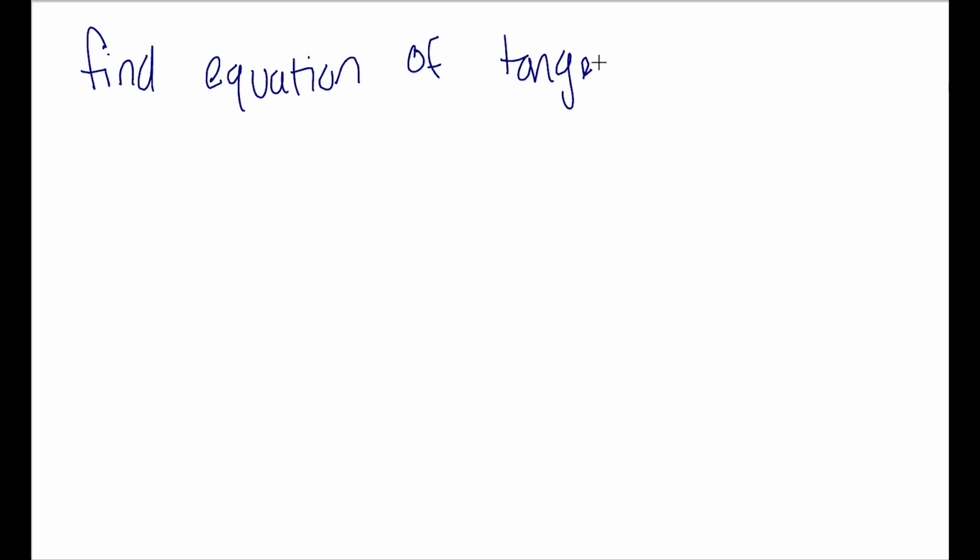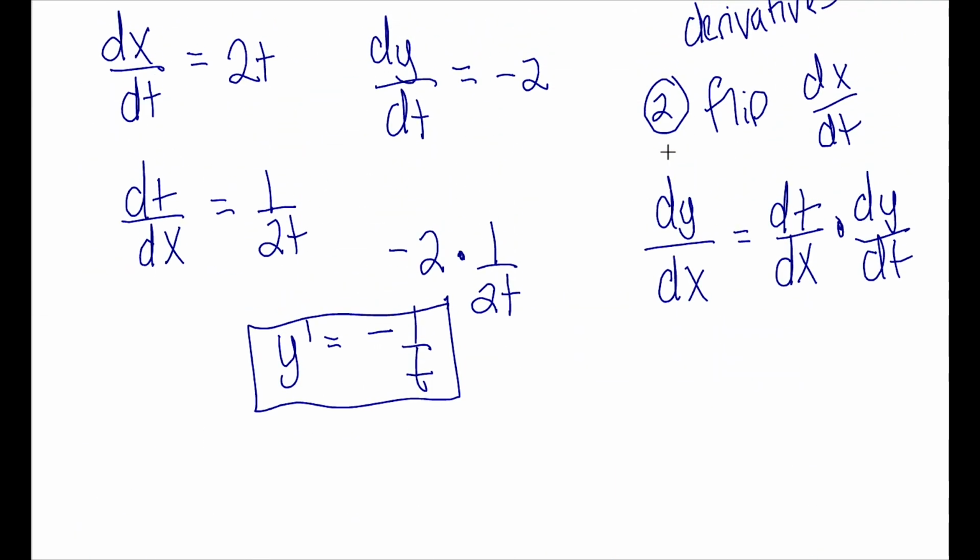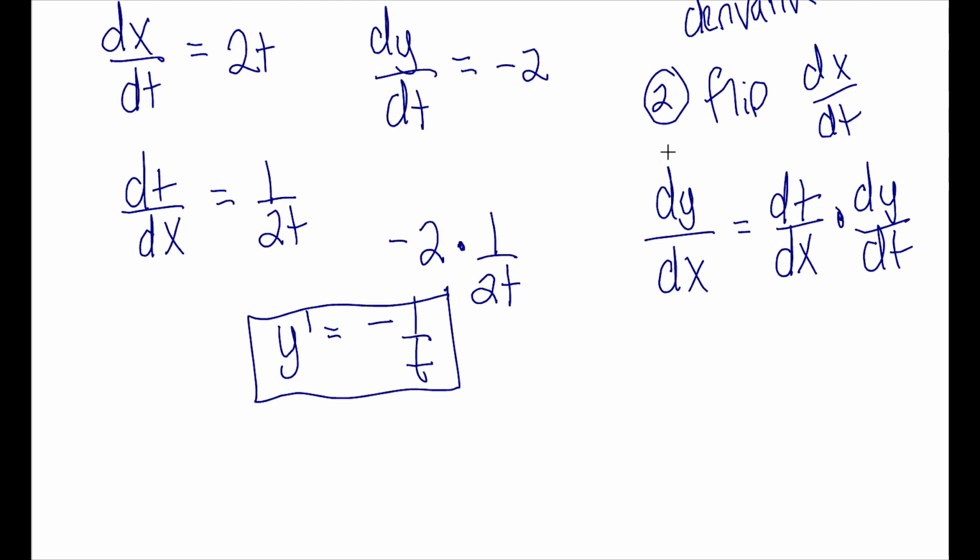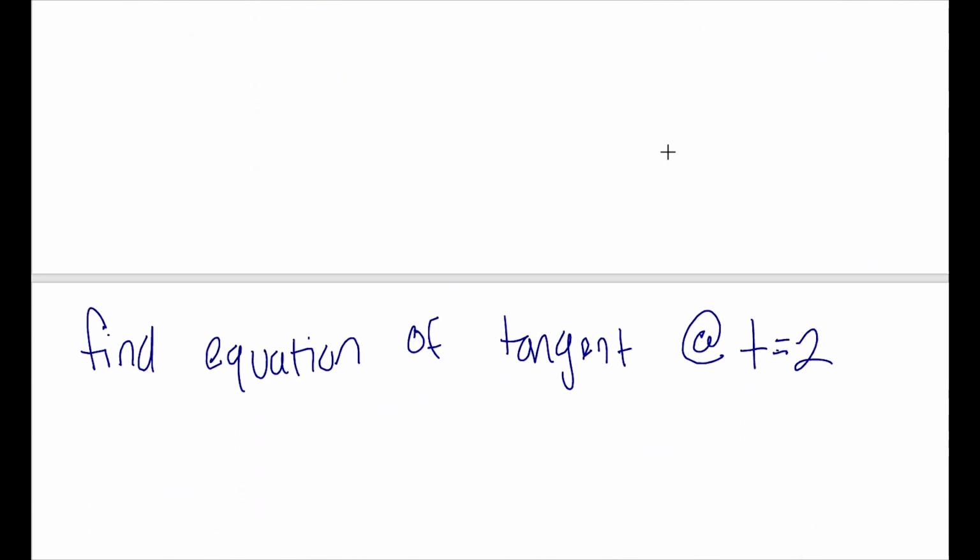So let's find the equation of the tangent at t equals 2. So the equation of the derivative is negative 1 over t. That means my slope is negative 1/2.